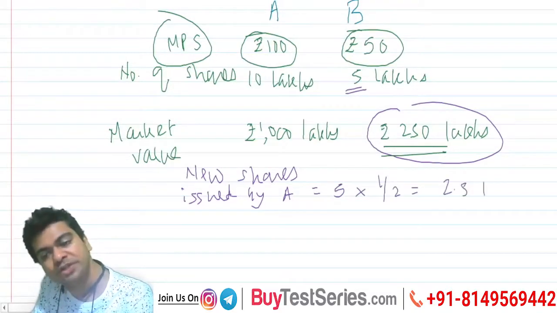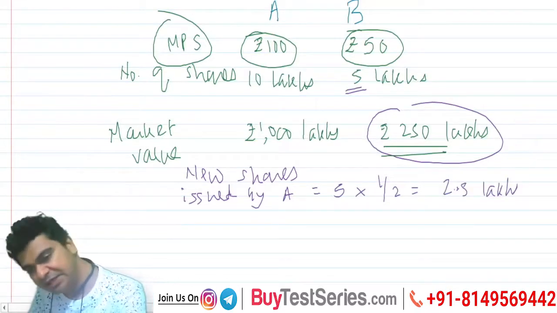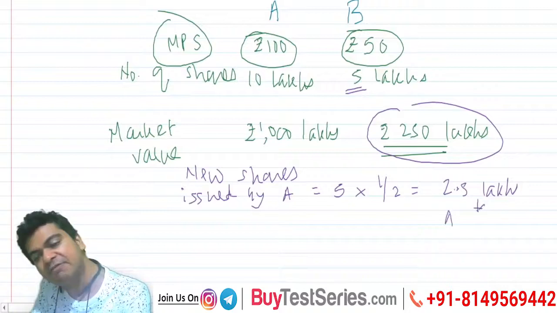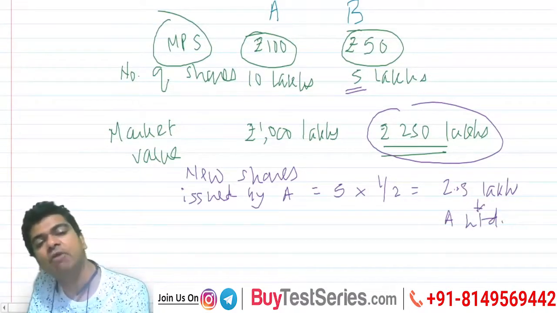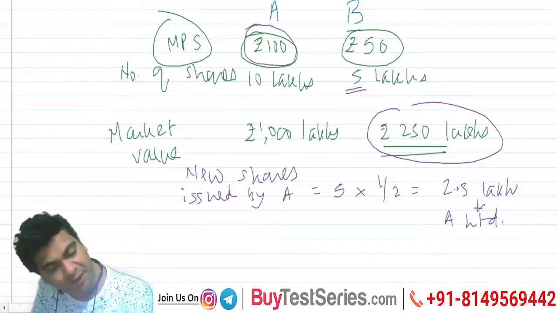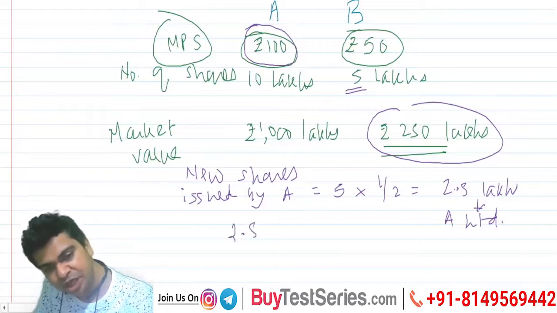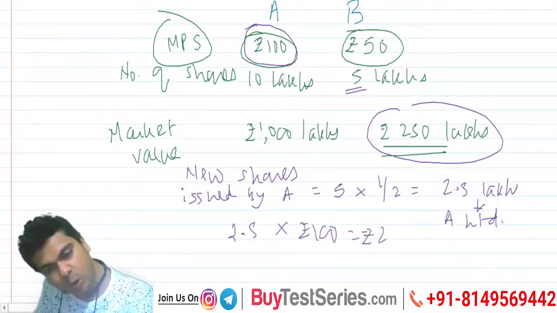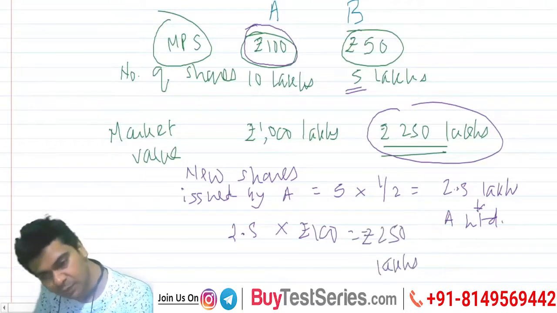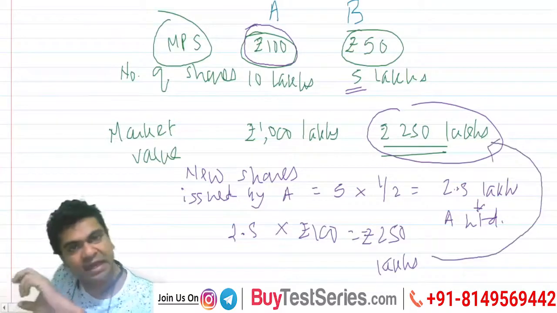So the new shares issued will turn out to be 2.5 lakhs. Understand, these 2.5 lakh shares are of A Limited. And the value of 1 share of A Limited right now is 100, isn't it? So if I take 2.5 lakh shares and multiply that by 100, it is turning out to be 250 lakhs. This 250 lakhs is nothing but the value of the selling firm.